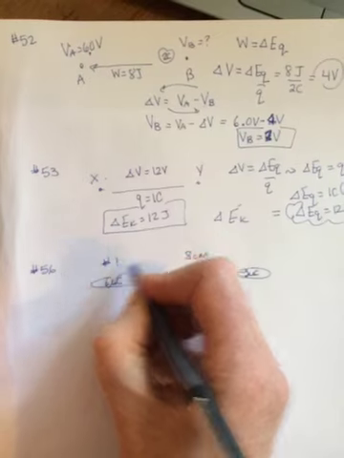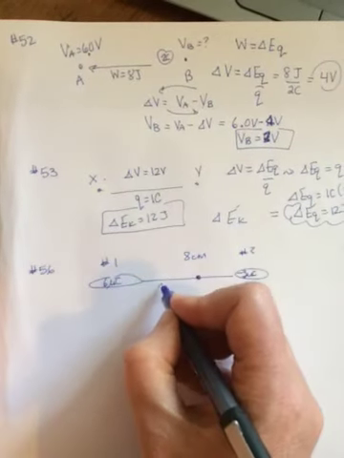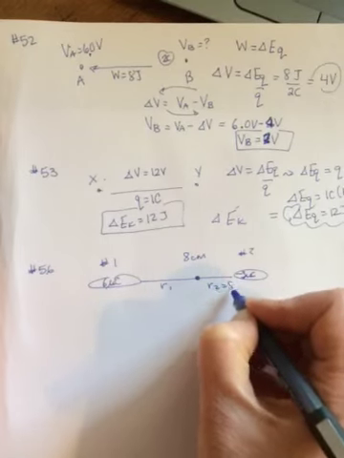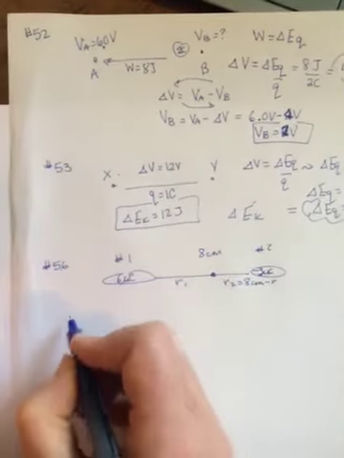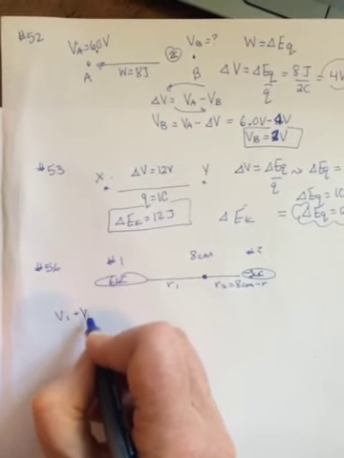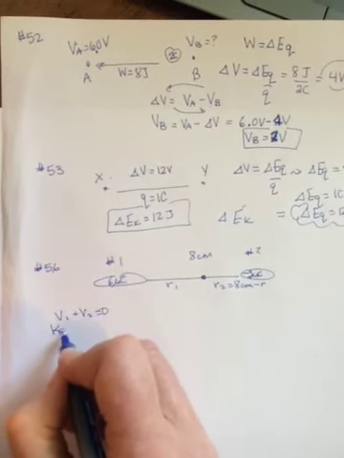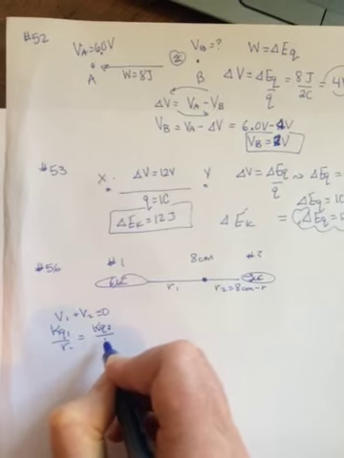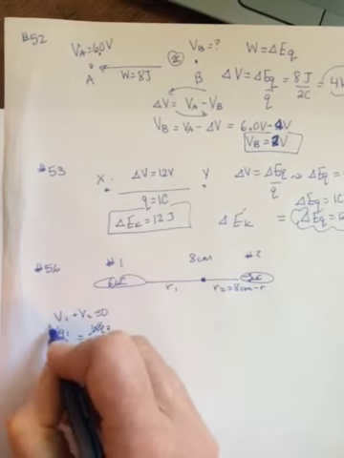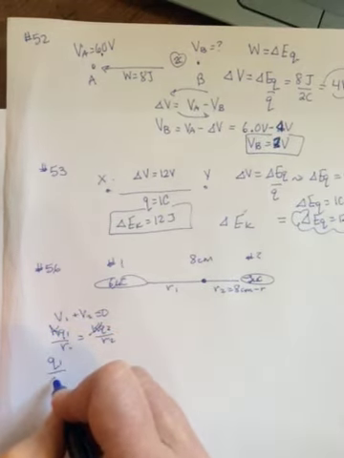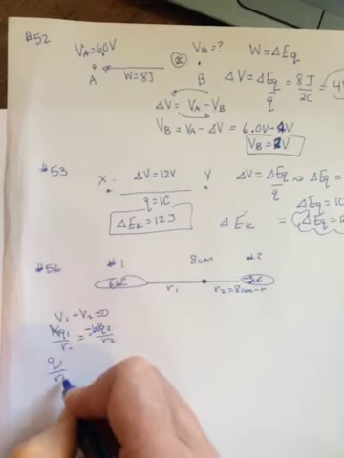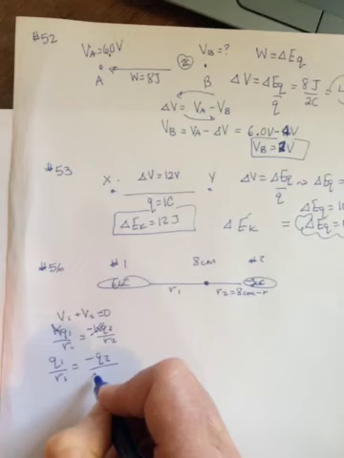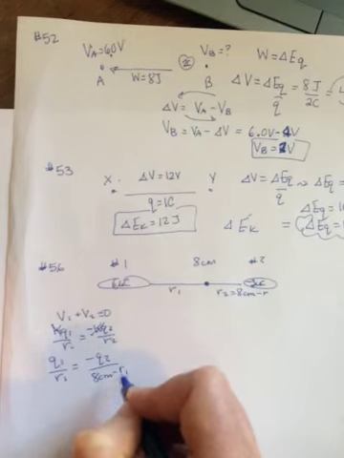So if this is my number 1 and this is my number 2, this will be R1 for the point between them, and R2 will be 8 centimeters minus R1. So you're doing V1 plus V2 equals 0, or KQ1 over R1 equals KQ2 over R2. The K's will cancel, and it'll become Q1 over R1 equal to negative Q2 over 8 centimeters minus R1.